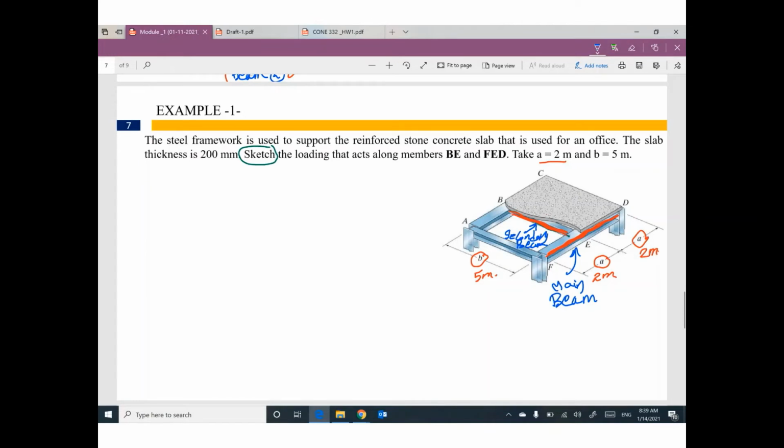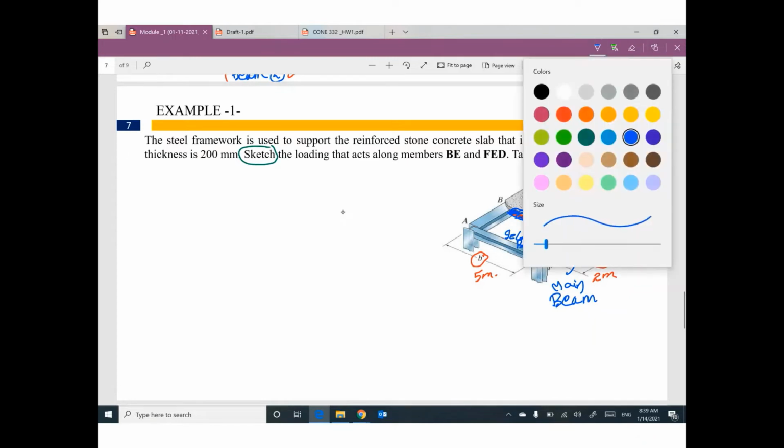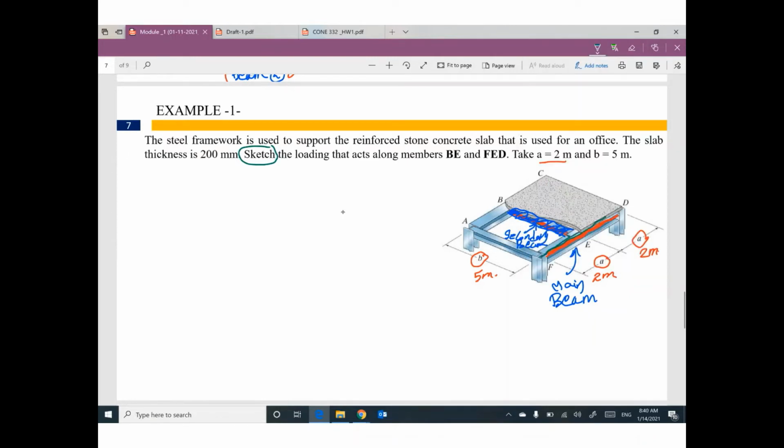What are the supports for this beam? Tell me. Do you have a column to support this beam? No. So what are the supports for this beam? This beam will be supported by another beam at this location. So this beam is supported by this beam at this location. So we have a secondary beam and we have a main beam. That makes sense? That's right?